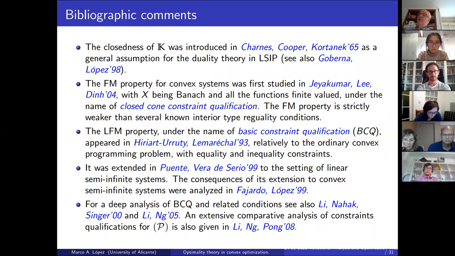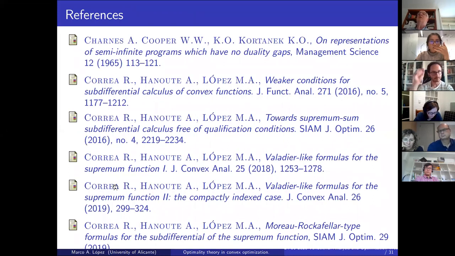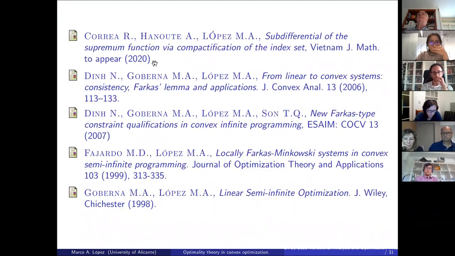And then, concerning the references, this is the paper I mentioned. These are the papers with Rafael Correa and Hantoute. The results we use are from this paper and also this one, SIOPT. This is the one I mentioned about compactification of the index set. It is going to appear. This is our paper about new Farkas-type constraint qualifications.